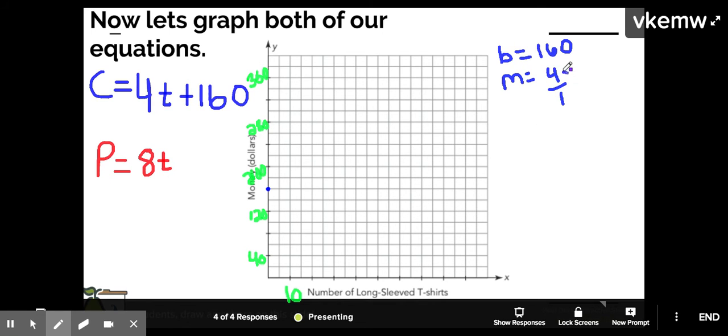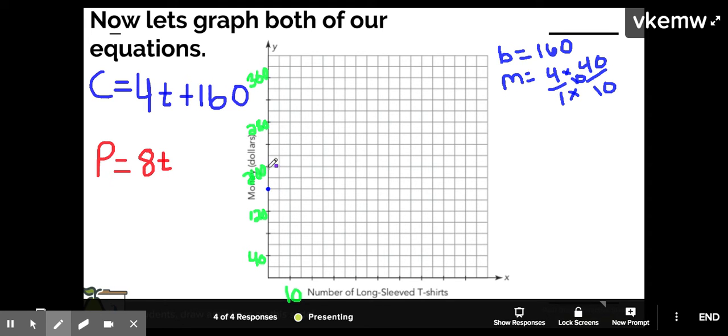So what I can do is multiply both of these by 10, and then my rise over run would be 40 over 10, okay? And these are multiplied by 10. So now I can do my slope.